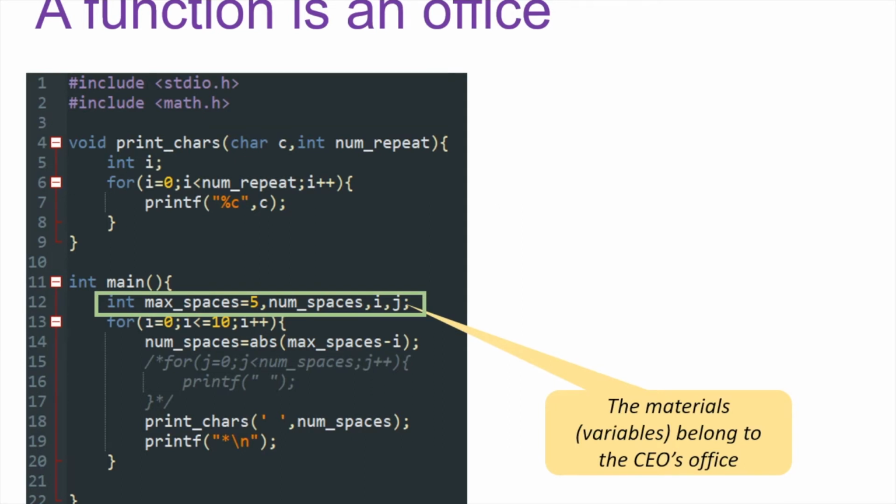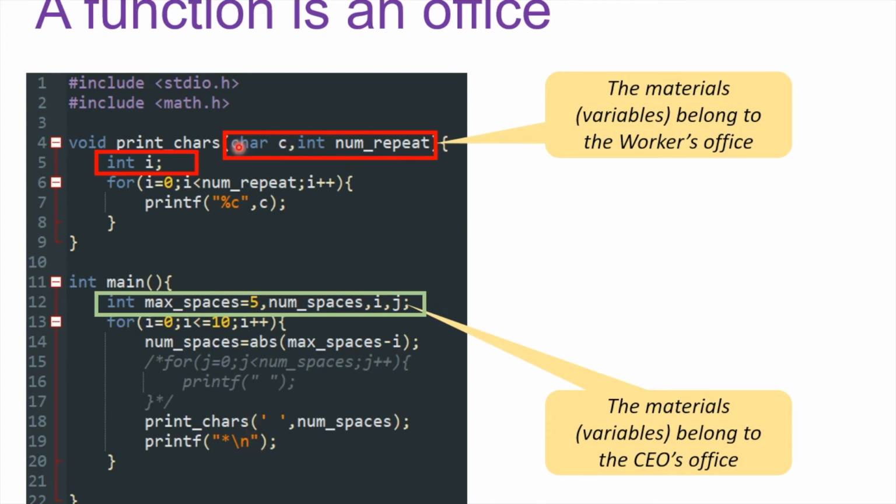Then we have the materials. The variables in each function are like the material of each office. Think about that. It's like in the main function. The main function is like the CEO's office, and the worker function is like the worker's office.